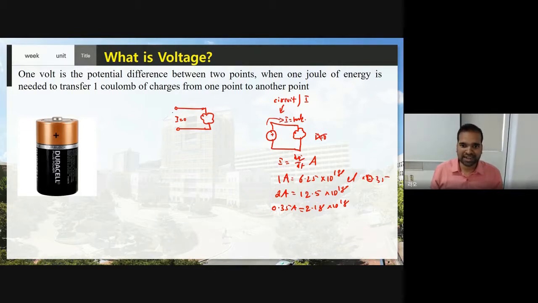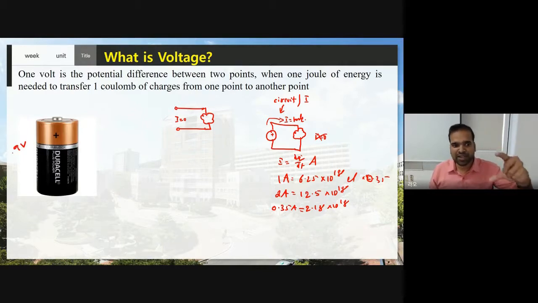If I connect a source, that means we are giving energy to send electrons from one place to another. As it is open, the current equals 0, and we don't have any source, so the electrons don't move from point A to point B because we are not applying any energy.